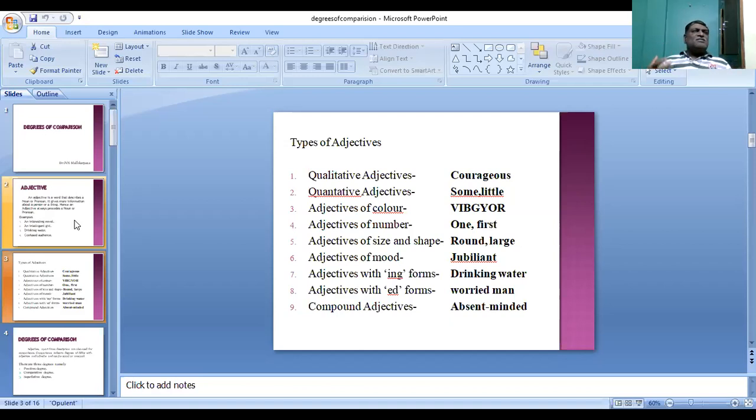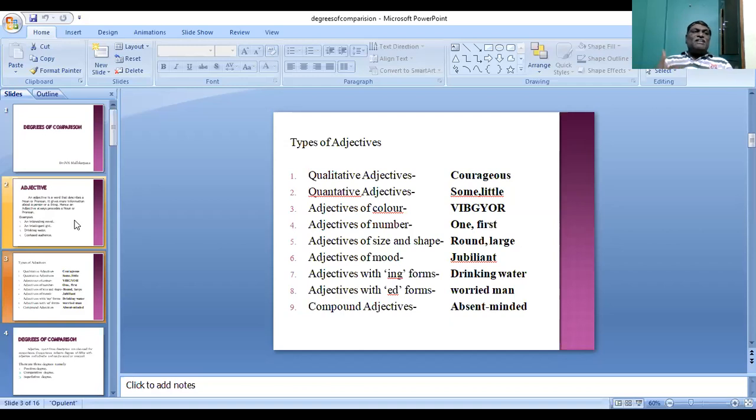You say it's fabulous, marvelous, interesting, inspirational, a very motivating kind of novel. So you are using the word interesting in order to describe the novel. That is an adjective. There are different types of adjectives. Qualitative adjectives always describe the qualities present in a person.